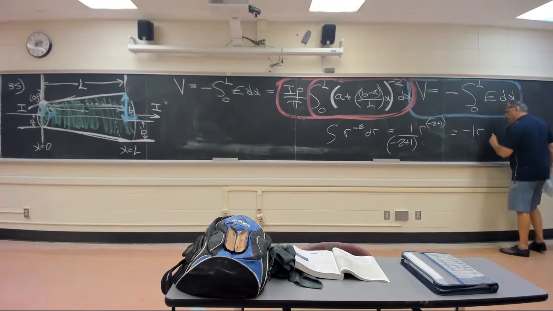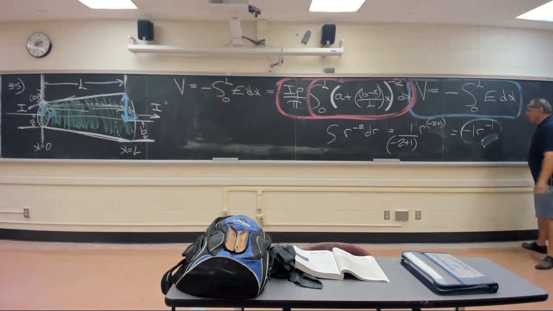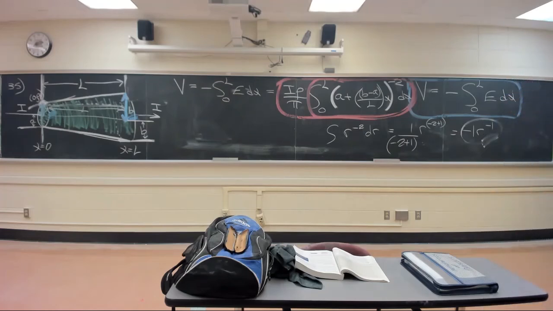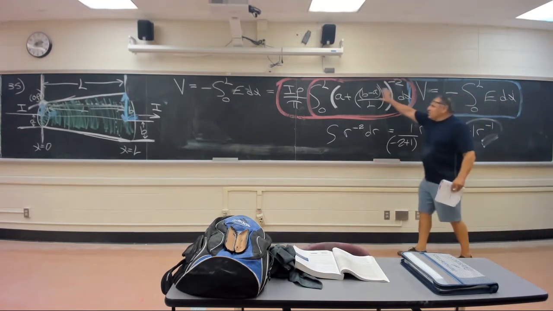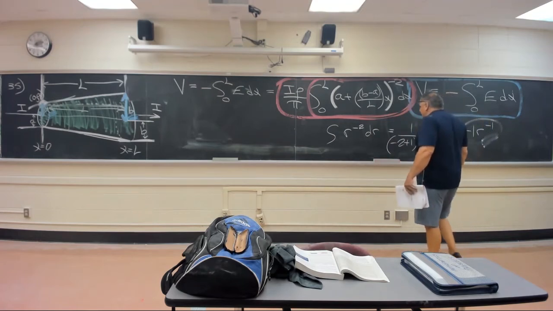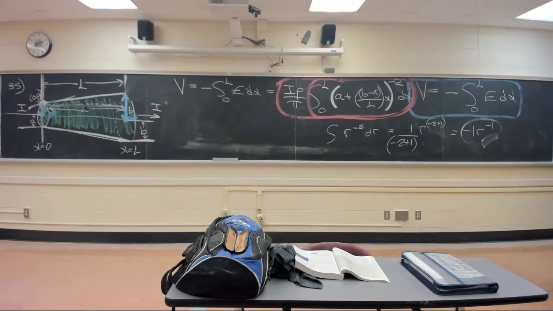Negative 1 r to the negative 1. Negative 1 equals, so you'd be getting this. Yeah, it gets a little messier when there's all this business going on in there. It's like I said, it's easier done than actually said.